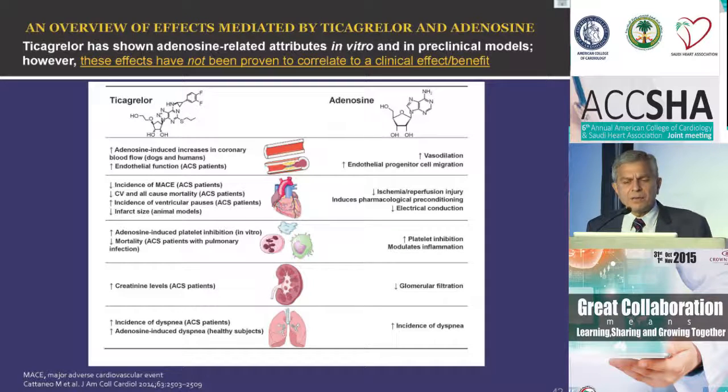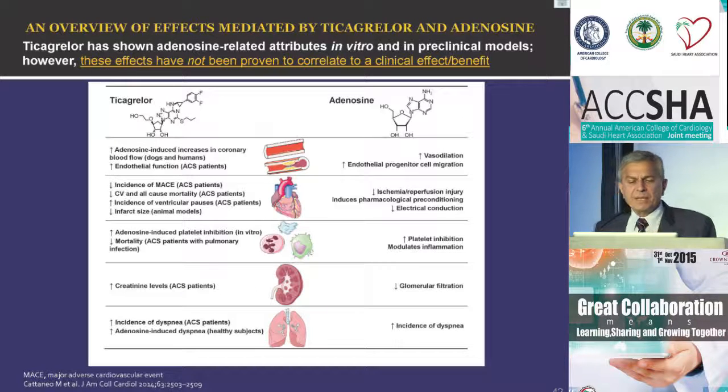Some effects are favorable, such as the vasodilator effect and the endothelial progenitor cell migration effect, but some are not favorable, such as the increase in dyspnea. It is felt that dyspnea as a side effect of ticagrelor occurs in post-market analysis in probably about 15 to 20% of people. Okay?